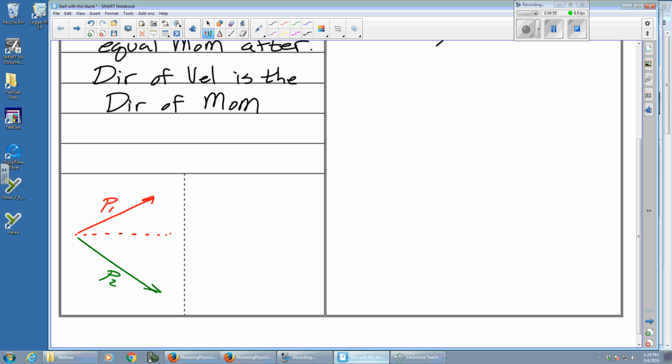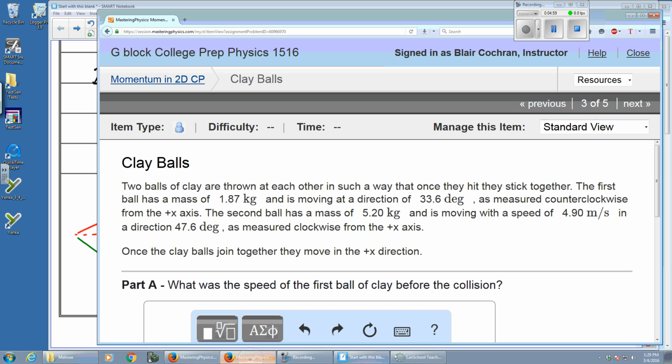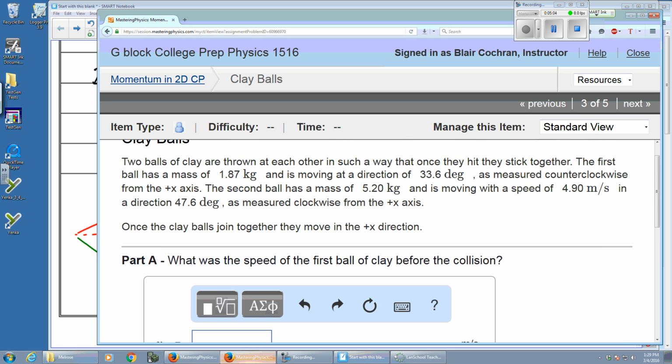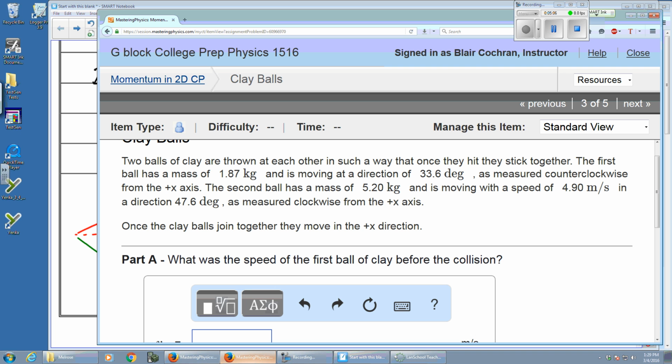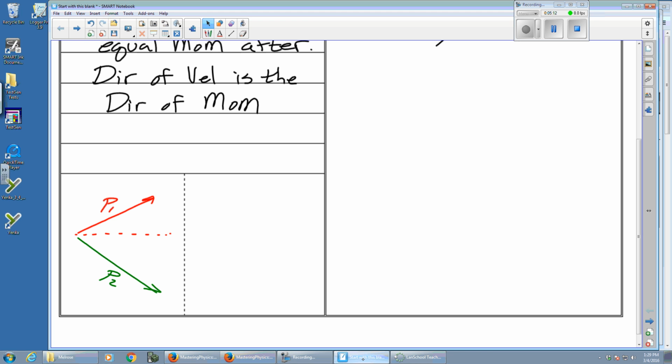All right. And then it tells me that once they hit, they combine, and they move together, their new velocity is just in the x positive direction. That means afterwards, so this is after, and this is before.